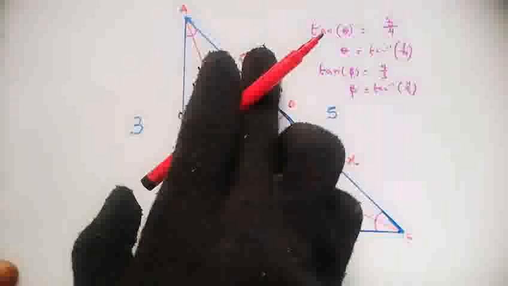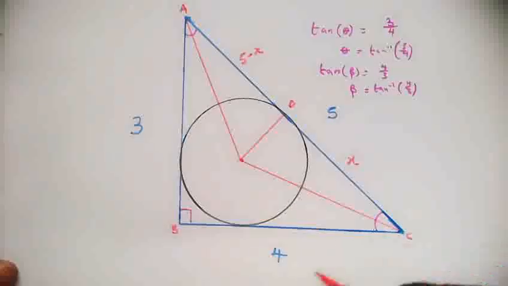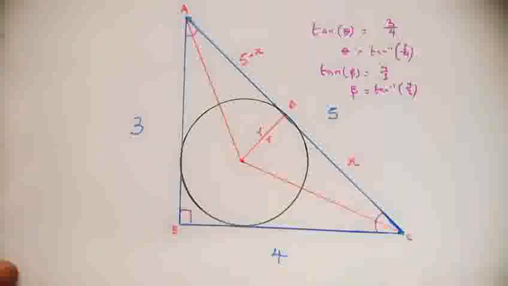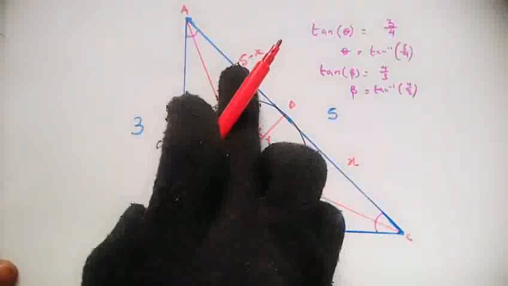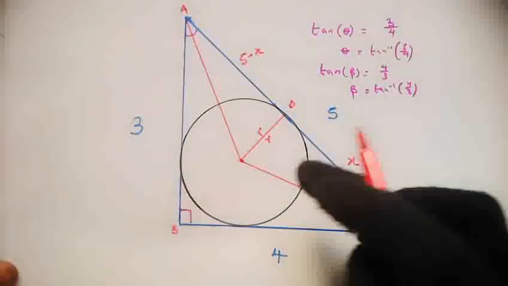So that is 5 minus x plus x remains 5. Remember that this is the radius, this is the radius, and this is x, this is 5 minus x. So we are trying to link these triangles with the radius.